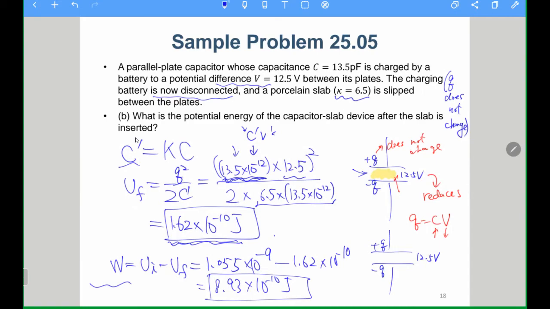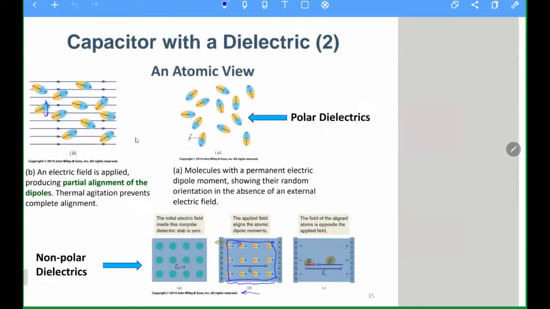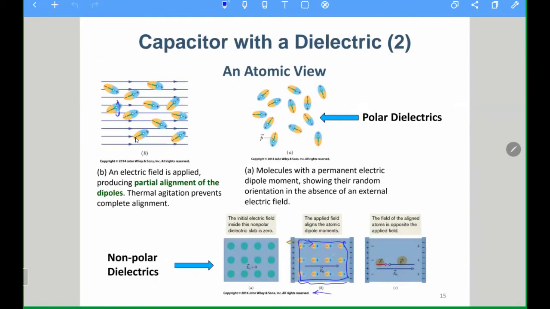I just mentioned that if you provide the energy, which means that you have an external E field for the dielectric, then it will generate an E field in the opposite direction, which cancels part of the external E field.